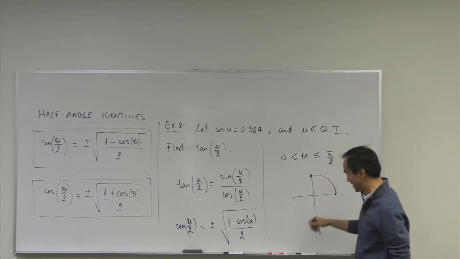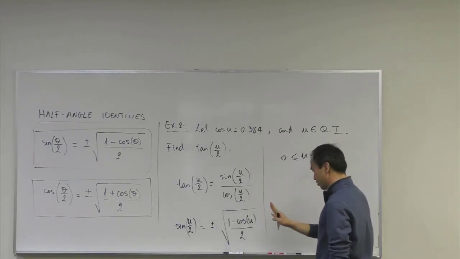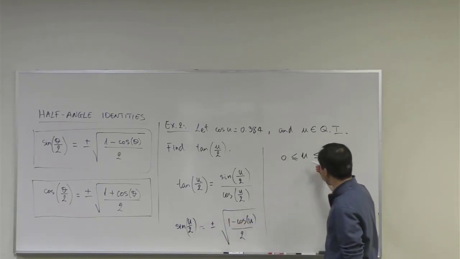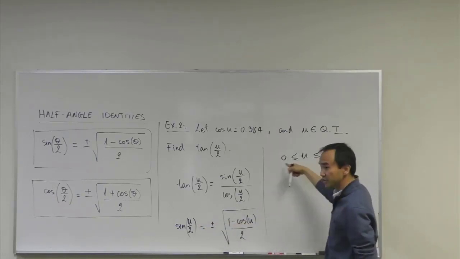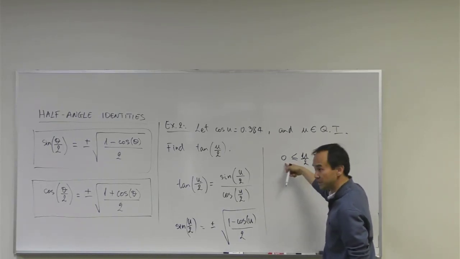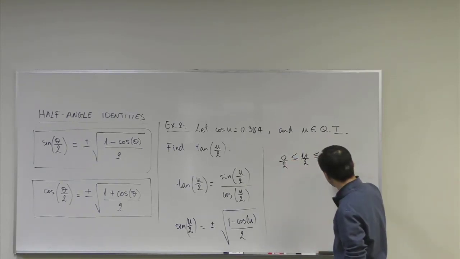Sounds good? Okay. But now we want half of the angle. So with a little bit of math background, we have to do this. u over 2, that's what we need. So we're going to divide all three sides of this inequality by 2. So that makes it what? u over 2 has to be greater than or equal to 0 still, right? Let's divide that by 2, it's still going to end up with 0. Divide this by 2 as well.